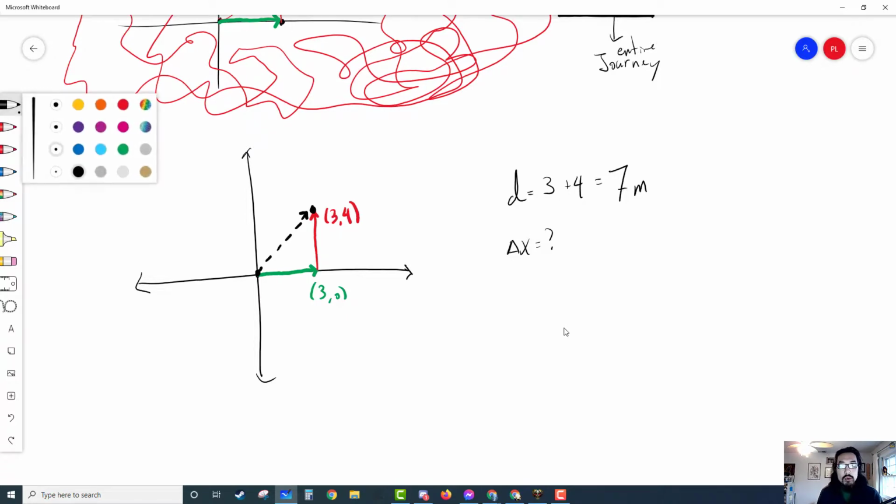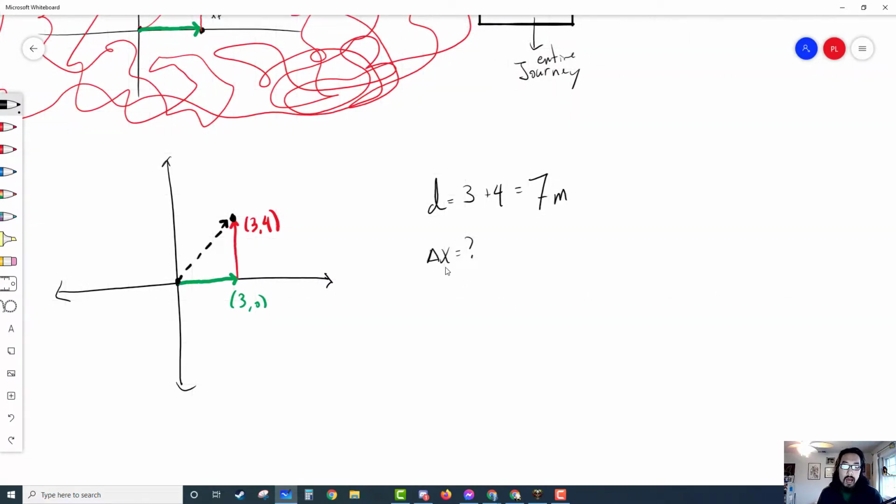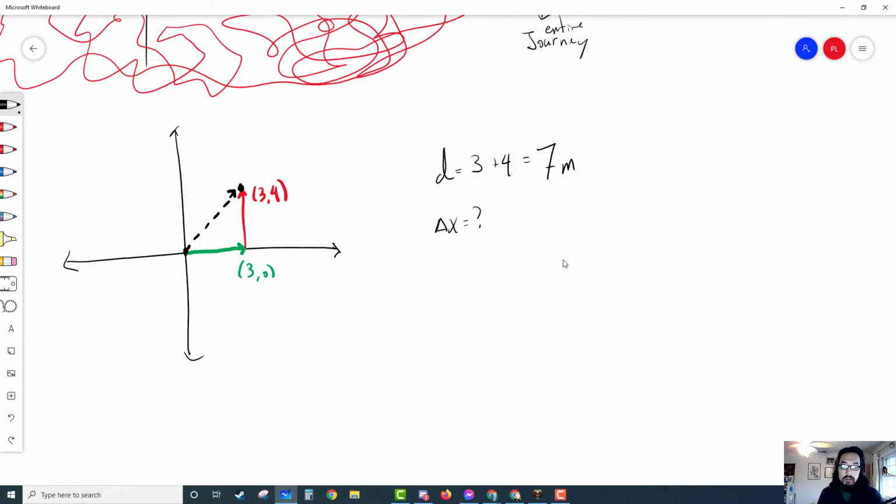Now, in order to solve for this, there are 2 ways of going about it. We can find our displacement for the x-coordinate and the y-coordinate, and then use that with the Pythagorean theorem. So let's try that. Our displacement in our x-coordinate: I'll do this correctly, so x final minus x initial.